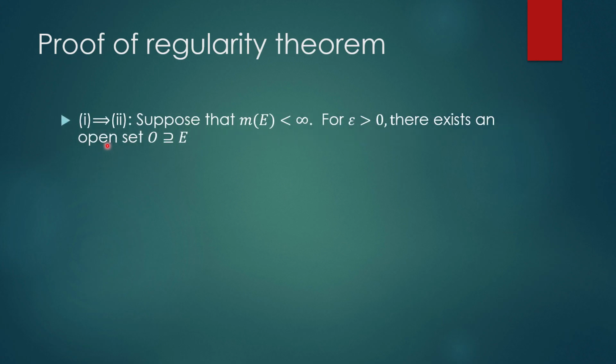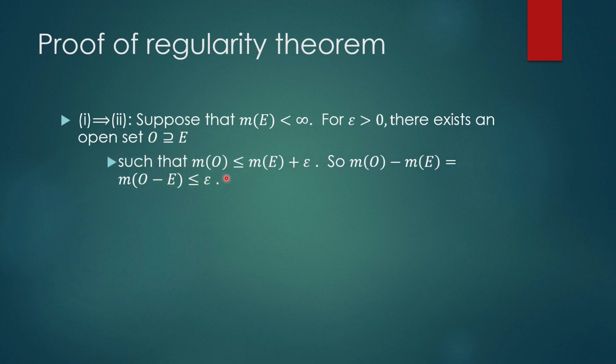1 implies 2. Suppose the outer measure of E is finite. Since E is measurable, outer measure and measure are equal, so you can drop the star, and the measure of E is less than infinity. Then for every epsilon, there exists an open set O containing E, as we have done, such that the measure of O is less than or equal to measure of E plus epsilon.